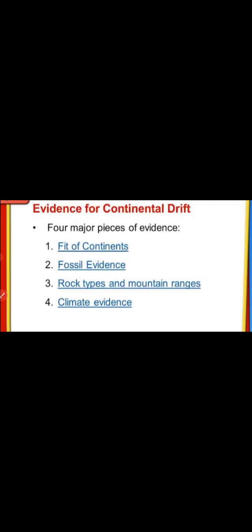So now, what was his second observation? His second observation was regarding fossil evidences. Now, actually, what are fossil evidences? Suppose in this image, this animal was particularly found in South America. But when he studied the animals or the fossils, he came to know that the animals found in South America were also found in Africa.